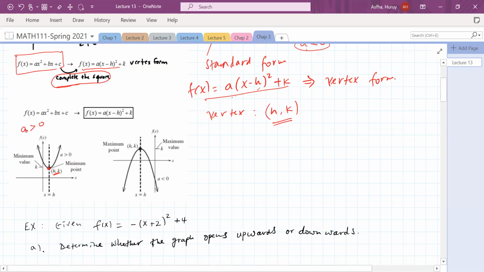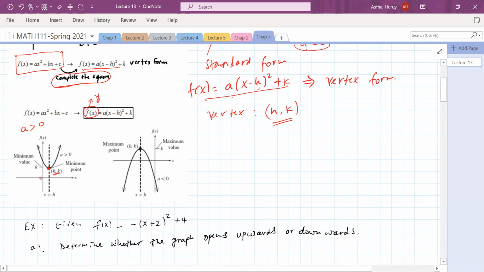A is positive. So when A is positive, then we have a minimum point at the vertex, because the graph opens upward, which means all the other values are greater than this value. We are looking at the y values because the function value basically means the y value.